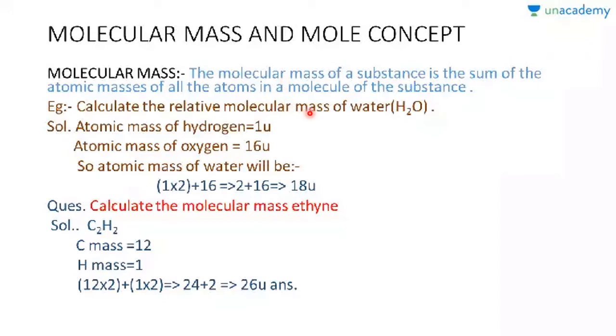The example taken was the simplest example, water. The molecular formula is H2O. The atomic mass of one hydrogen is 1 U. What is U? Unified mass, or atomic mass unit. The atomic mass of oxygen is 16 U. Now the molecular mass of water will be 1 into 2, that is, 2 atoms of hydrogen with the atomic mass of hydrogen 1, plus 1 into 16, since only 1 oxygen is there with atomic mass 16.